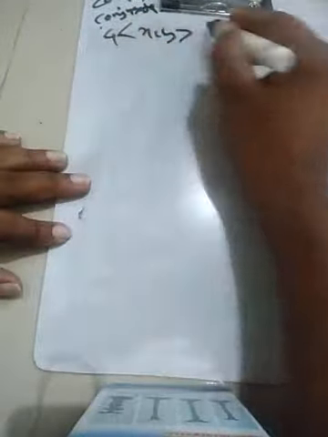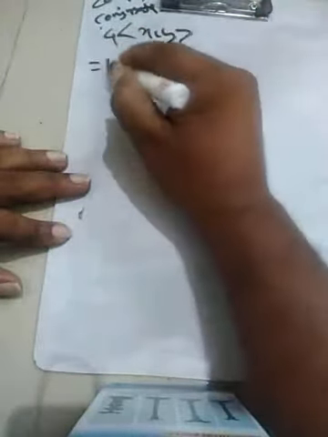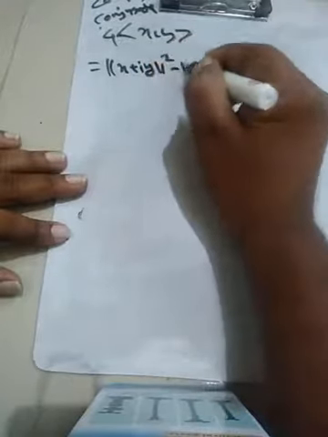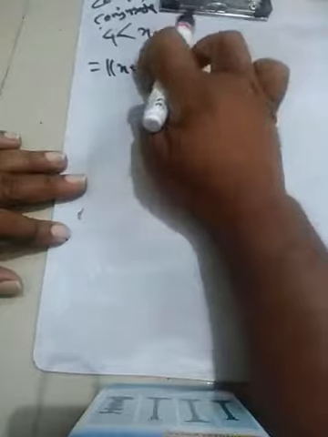So inner product of x with y is nothing but, this is 4 times, this is defined as, here just y is there.